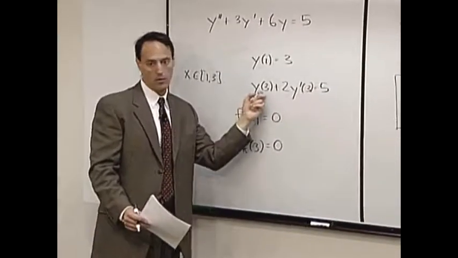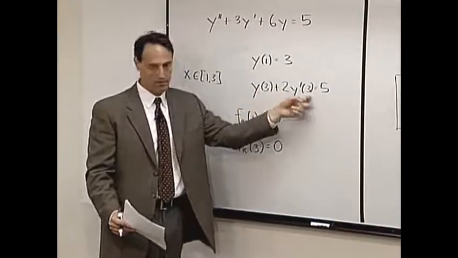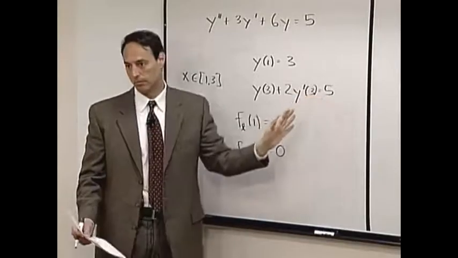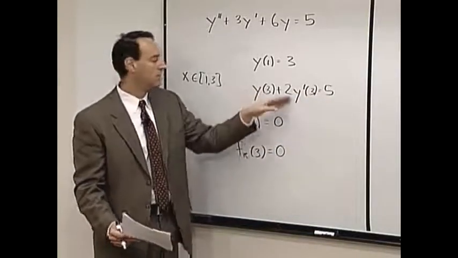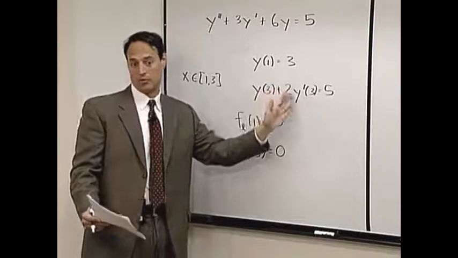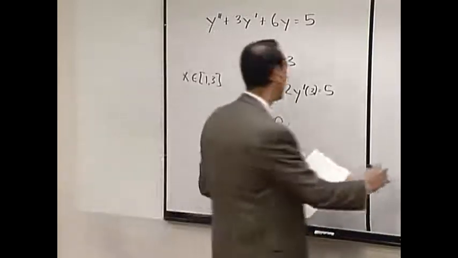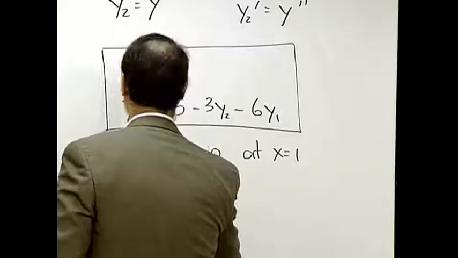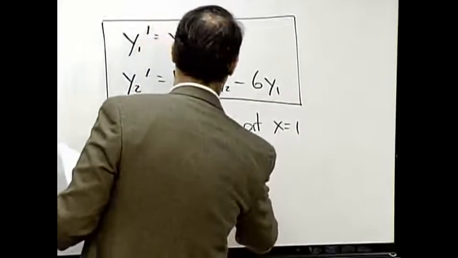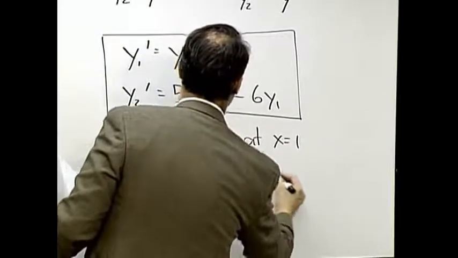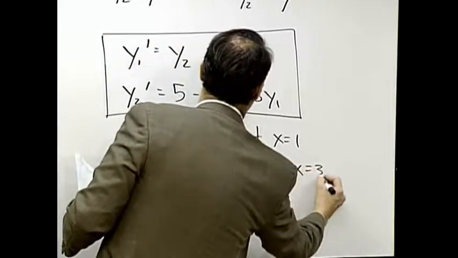And what I have is y at 3 plus 2y prime at 3 minus 5 would be equal to 0. And so I know that y is y1, y prime is y2. So what I really get there is y1 plus 2 y2 minus 5 is equal to 0 at x equals 3.